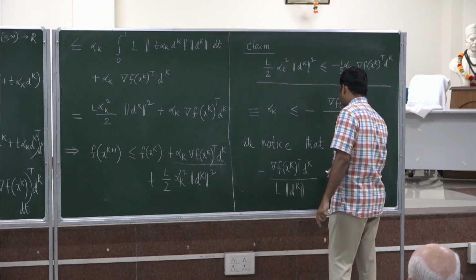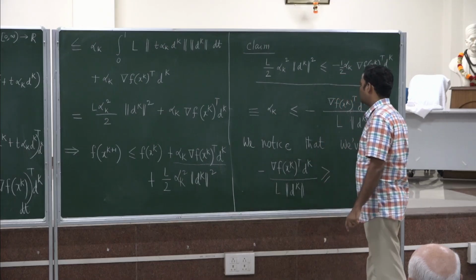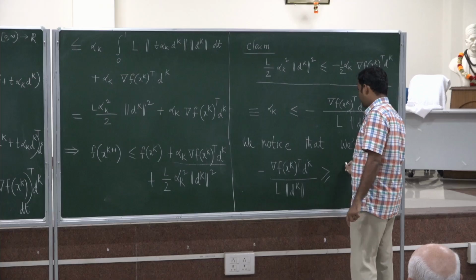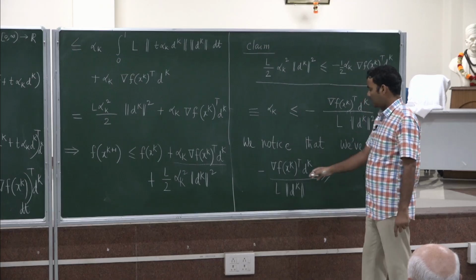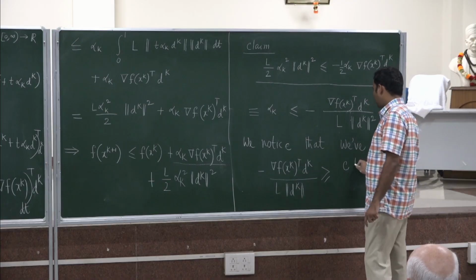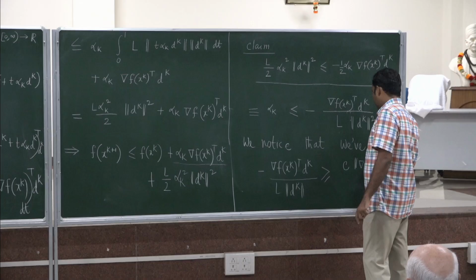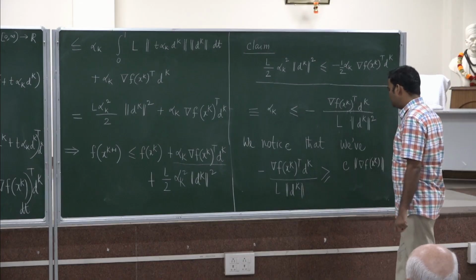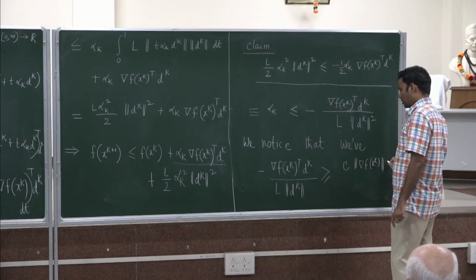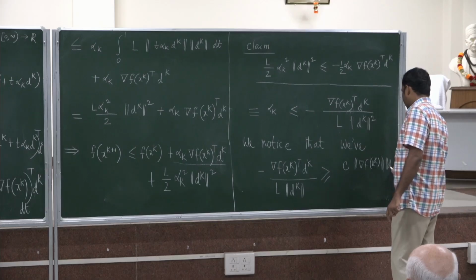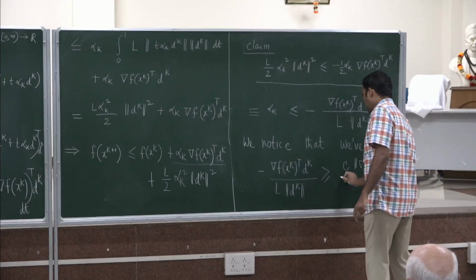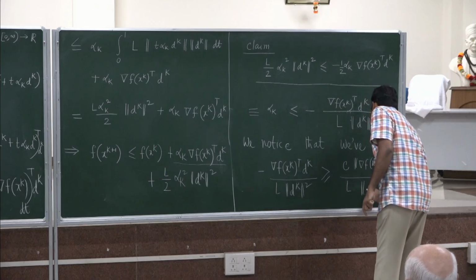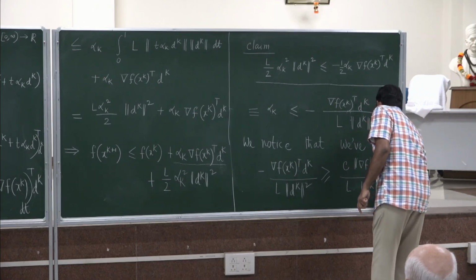This portion is greater than equal to, by angle condition, c times norm of grad f(xk) and norm of dk, divided by L norm of dk square of it, right.